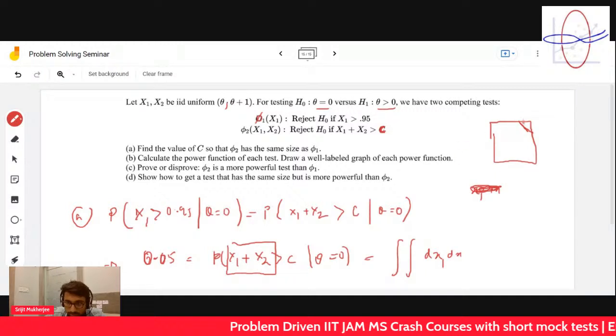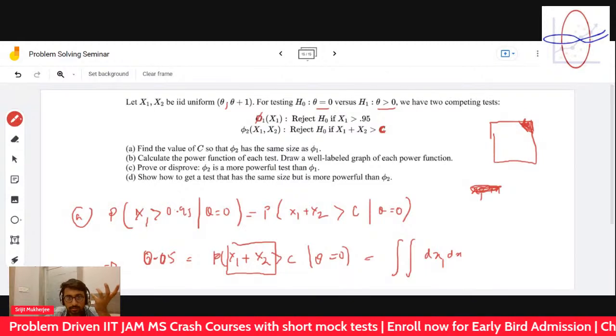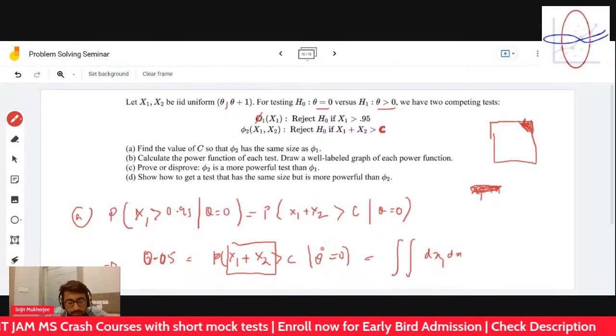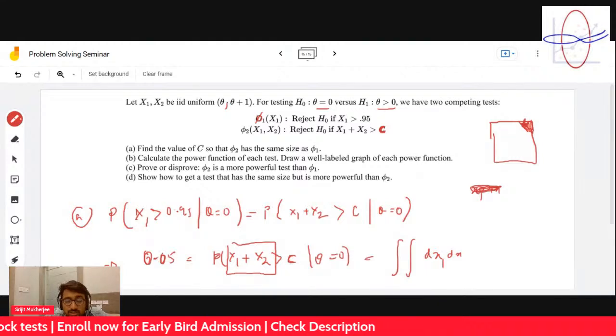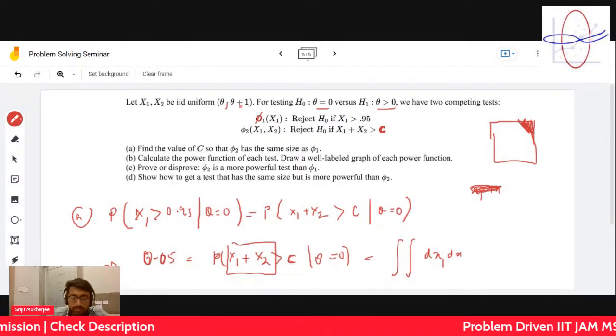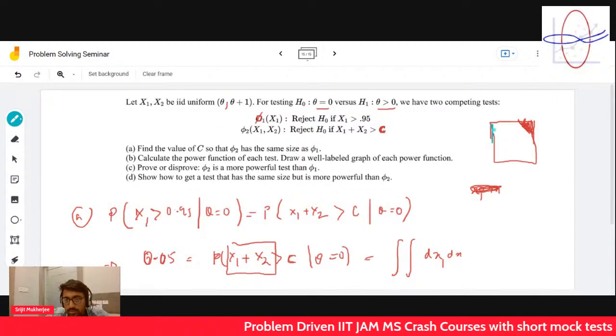So c is much more than 1. We are doing this geometrically. There are certain geometric tricks you can use in the exam, based on your intuition and knowledge.